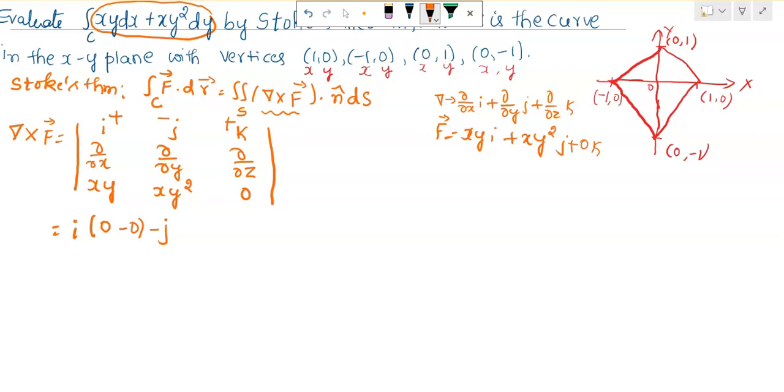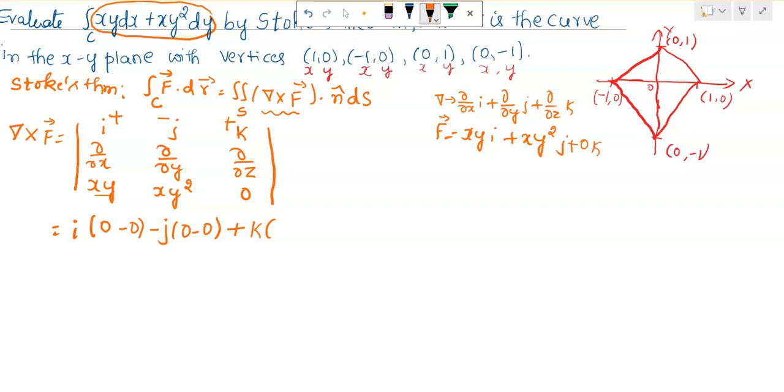Minus j into, now we have to neglect the first row and the second column. We are getting the 2 cross 2 matrix. So expand this. Dou by dou x of 0 is 0. Dou by dou z of xy is 0. Plus k into, delete the first row and the third column and expand this 2 cross 2 determinant. So dou by dou x of xy square, while you are differentiating partially, you have to treat y as a constant.